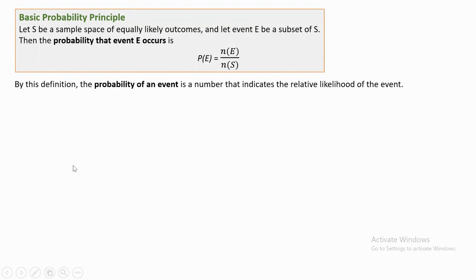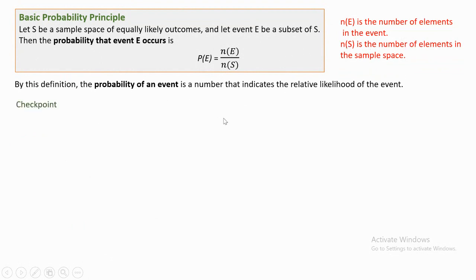Okay, let's do an example here. By definition, the probability of an event is a number that indicates the relative likelihood of the event. N of E is the number of elements in the event, and N of S is the number of elements in the sample space. That's what I just mentioned earlier.